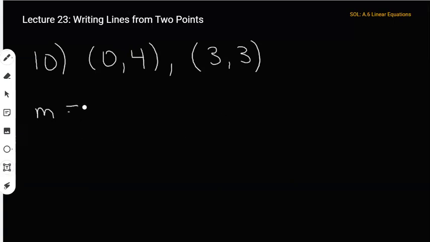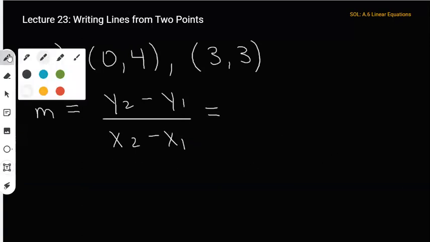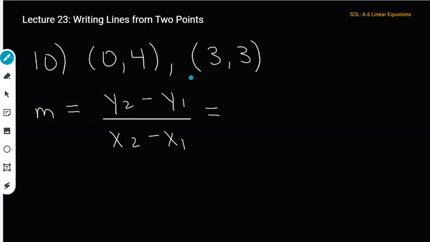But as usual, I'm going to find the slope first. y2 minus y1 over x2 minus x1. Okay, so I'm going to underline the y values. It's going to be this 3 right here and this 4 right here.